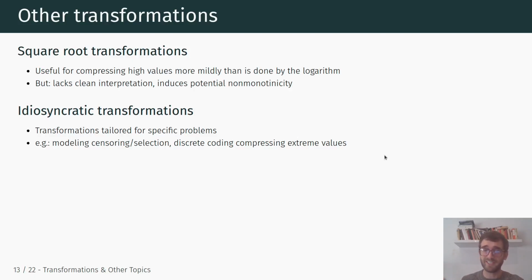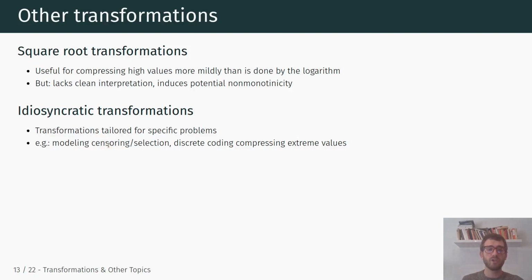So we could take into account and model the censoring and selection process by having first a dichotomous indicator capturing whether we have earnings or whether there are no earnings, modeling that, and then modeling the actual value of the salary size, conditional on earnings being larger than 0.